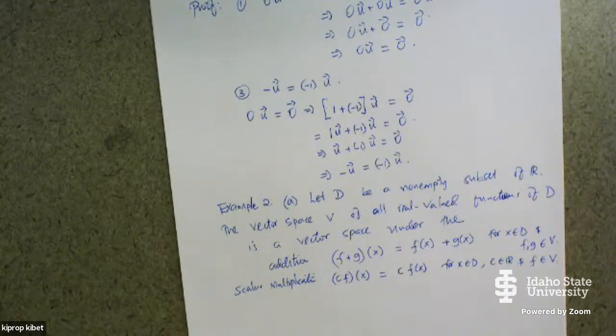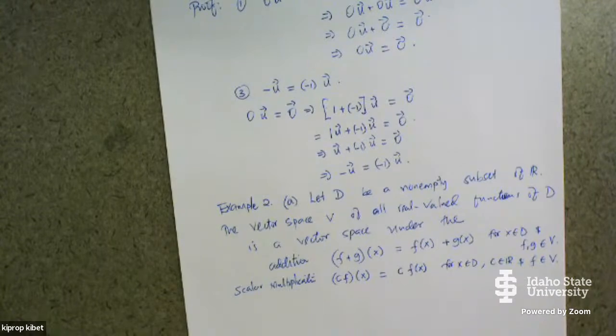So you need to show that this is basically a vector space. To show this, it should satisfy the 8 axioms. So first of all, the first thing you need to prove is the non-emptiness.